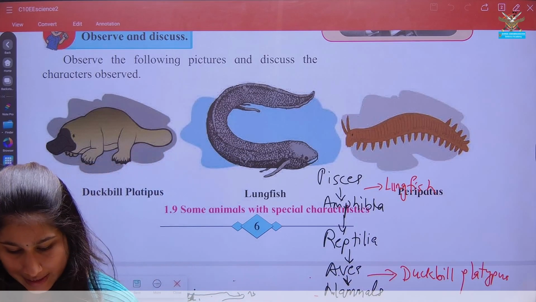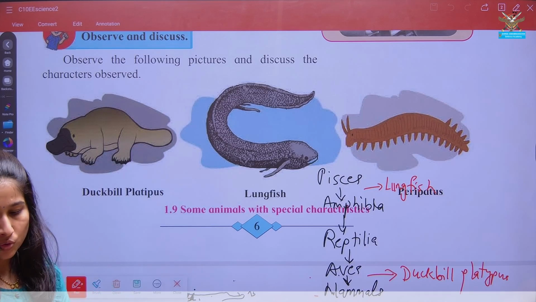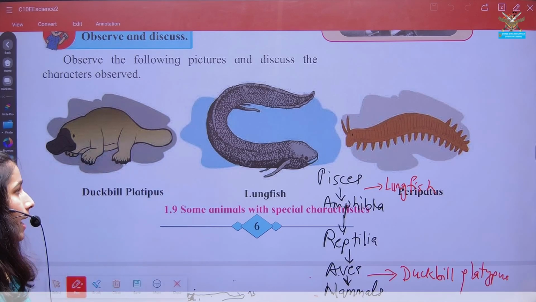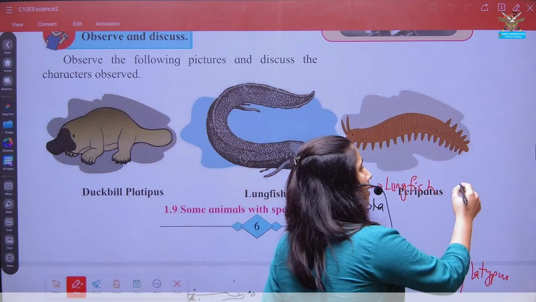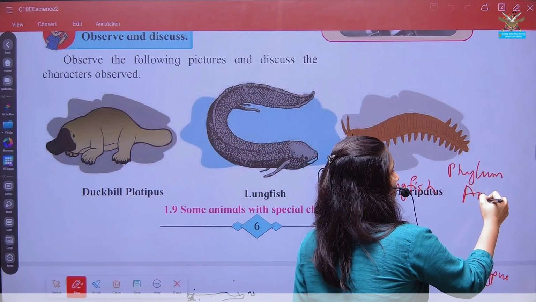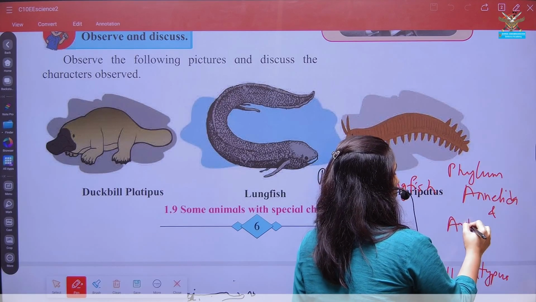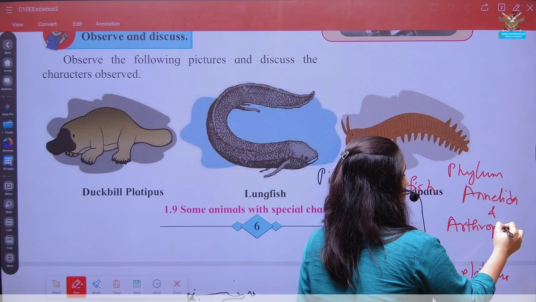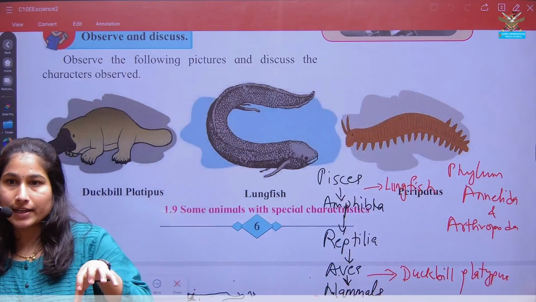is a connecting link between two, Arthropoda and Annelida. Here two particular phyla are there, phylum Annelida and Arthropoda. Poda means legs. These organisms are crawling, right?